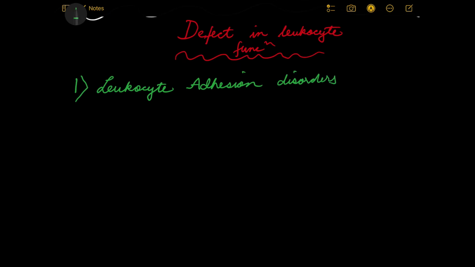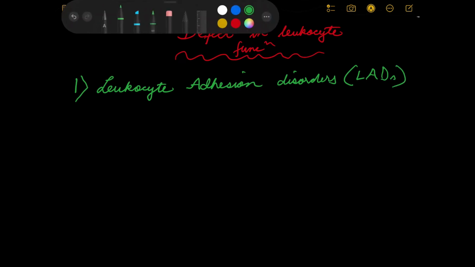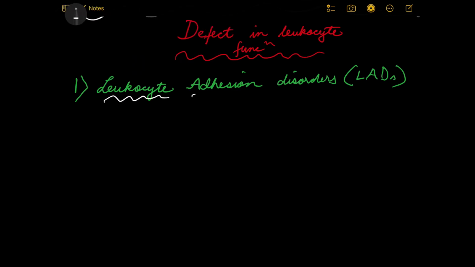Obviously extremely self-explanatory, couldn't have been more obvious. LADs, leukocyte adhesion disorders, because here there is a disorder which is associated with the adhesion of leukocytes. It can be the loose adhesion which is rolling, or the firm adhesion which is actual adhesion. Disorders in that, defect in that.